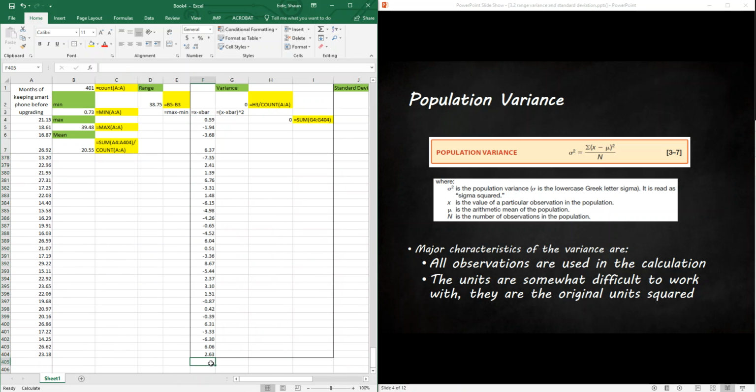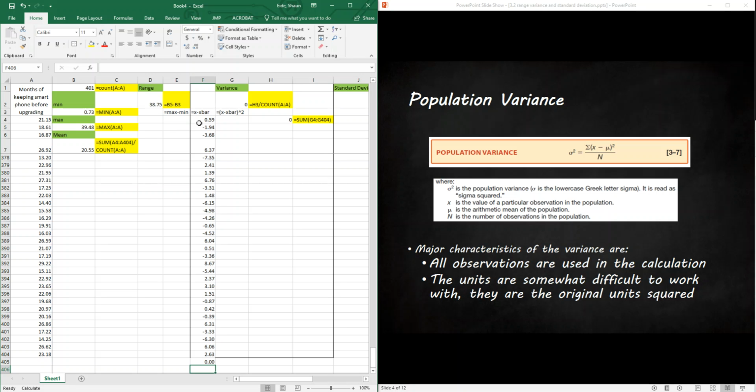I'm going to show you what happens if you add all of these up. It adds to 0. The reason is that this measures each individual observation's distance from the mean.